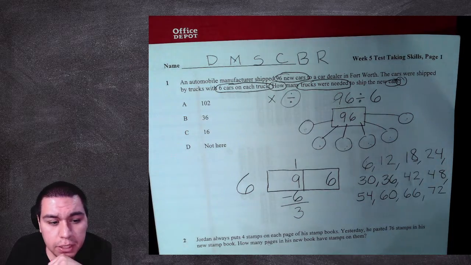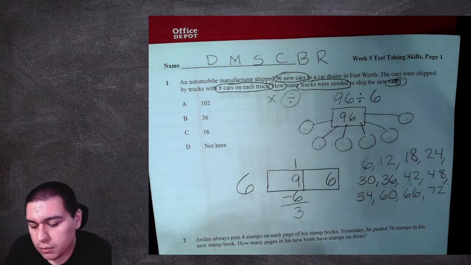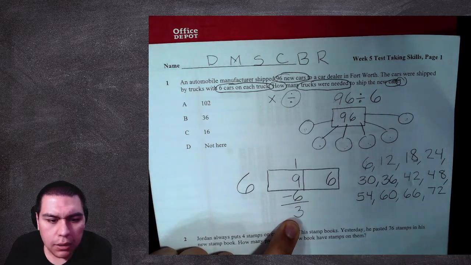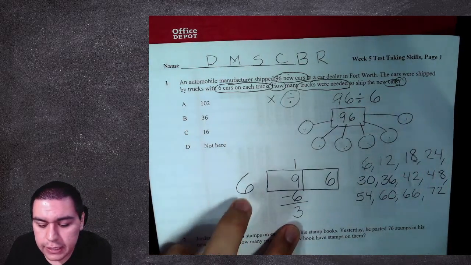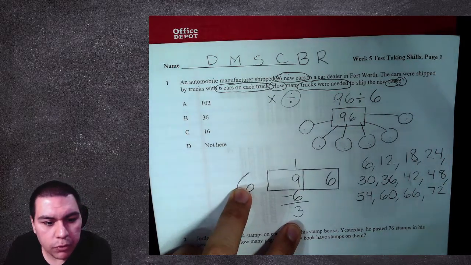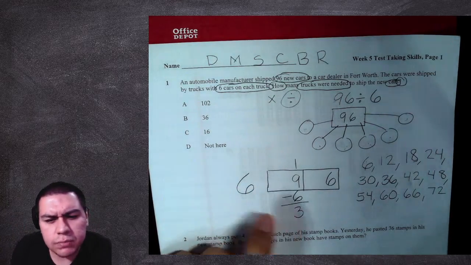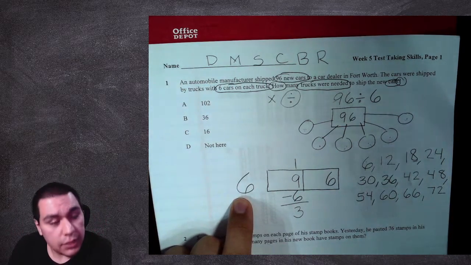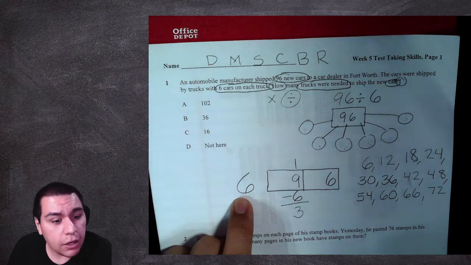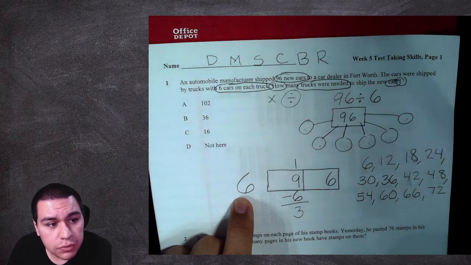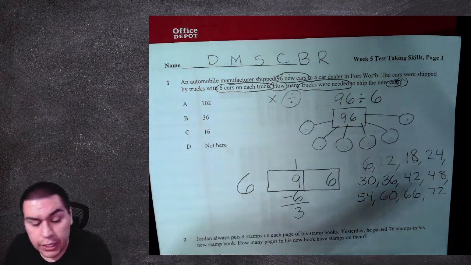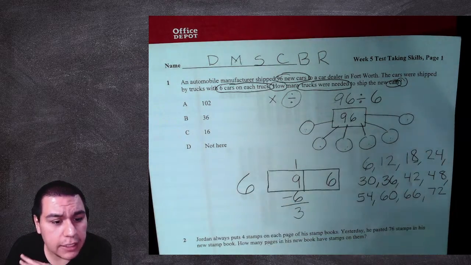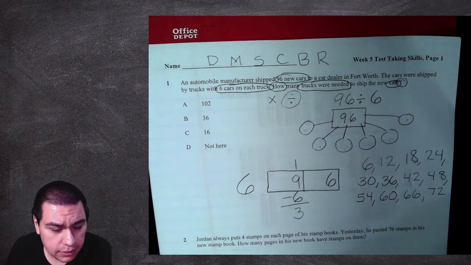And remember, I want to be careful here because I want to make sure that whatever I have here is less than the number of my groups. So Jaylene, is 3 smaller than 6? It is. So I gave away as many cars as I could. I didn't keep any extras. Well, I have 3 extras, but I gave away everything that I could. I didn't keep anything that I didn't need to.